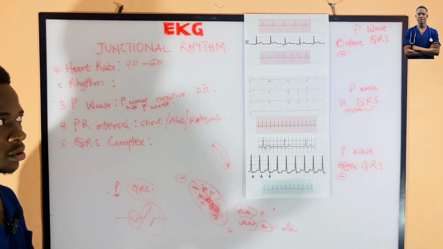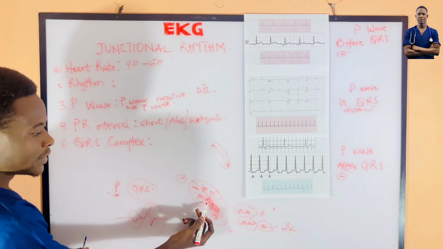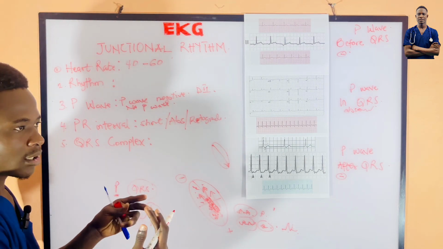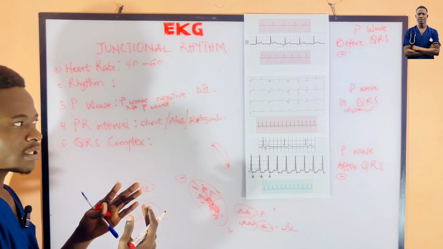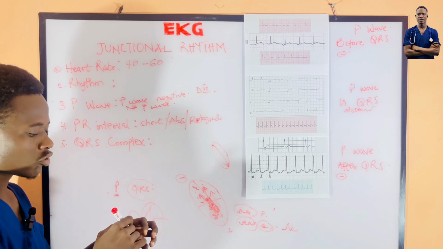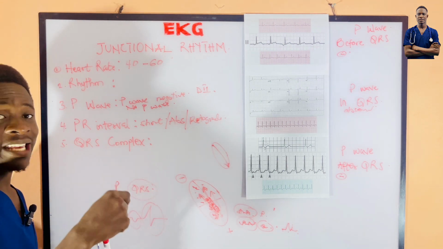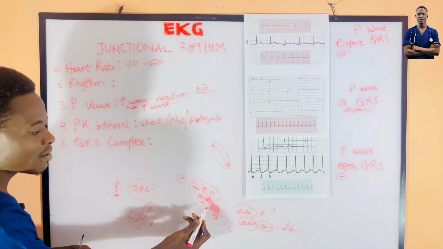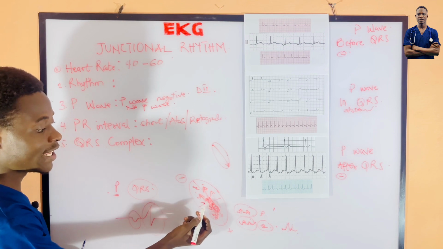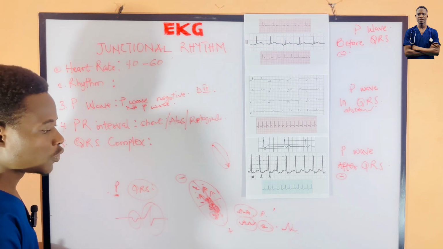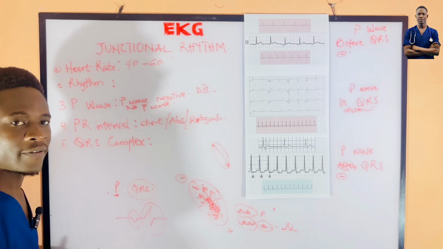The PR interval is the time taken for the electrical impulse to move from the atria into the ventricle. And here, in the case that the electrical impulse generated was already at the AV node, it will take a very short time to reach the ventricles.